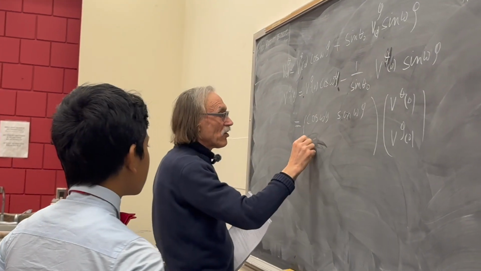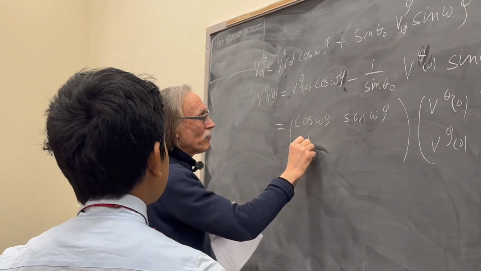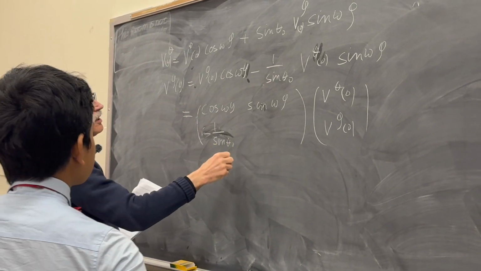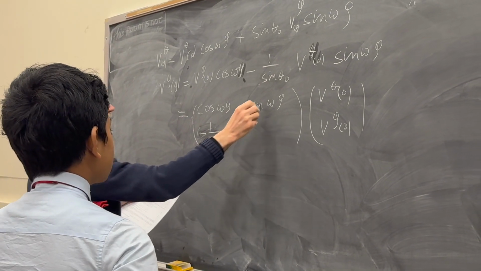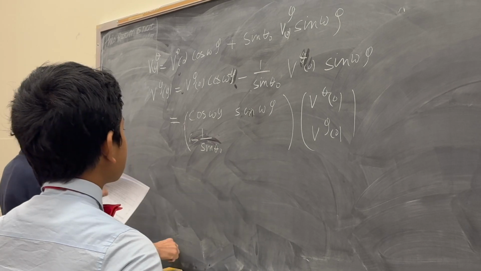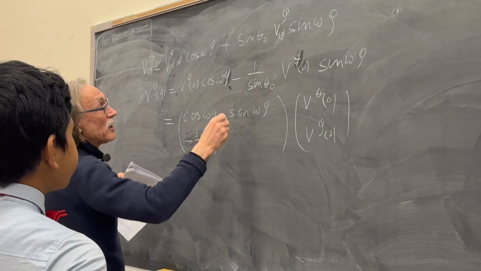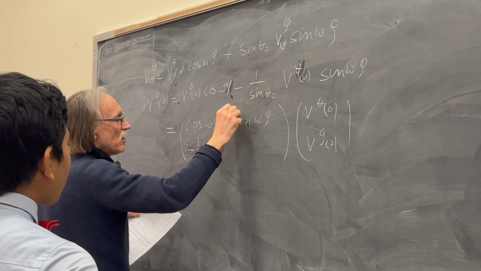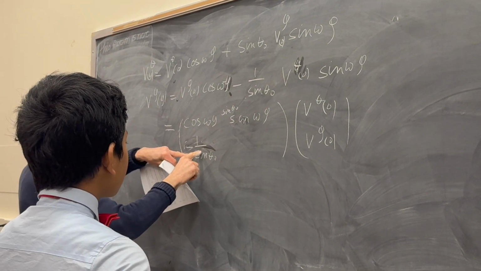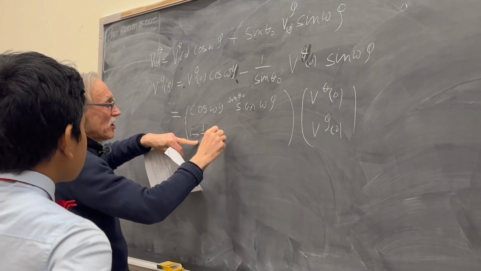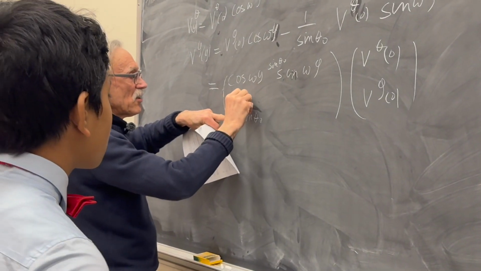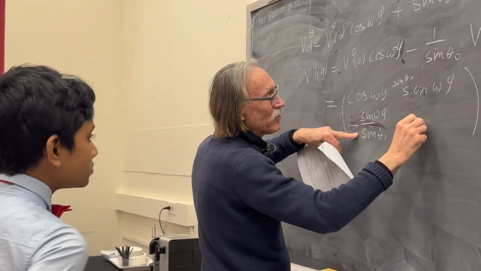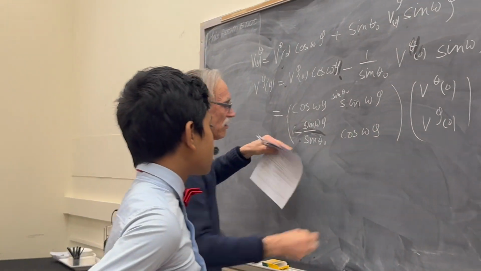So that goes to the theta component, that is 1 over sine of theta 0, and here I forgot to write this sine theta 0, and here there's 1 over sine theta 0 times sine omega phi, and the last one is cosine omega phi.